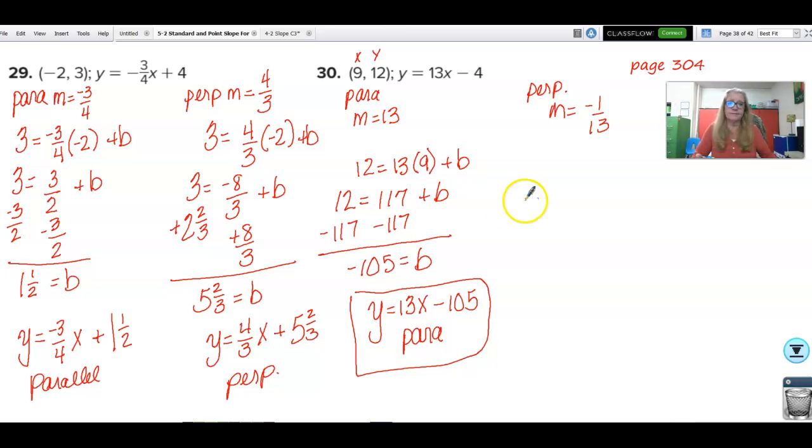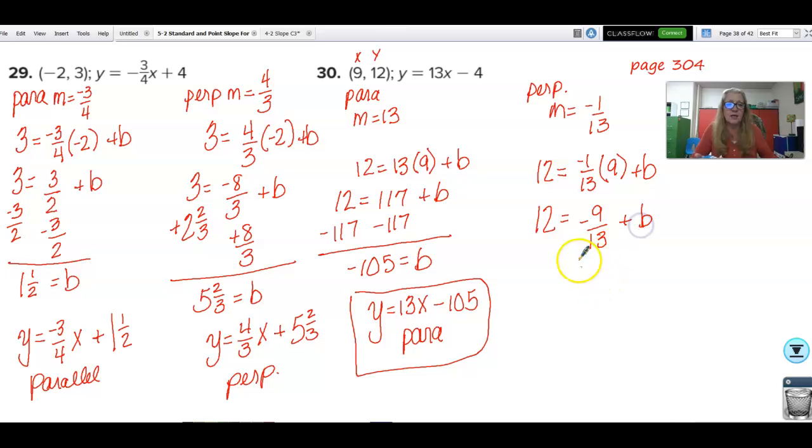Perpendicular, well, y equals mx plus b. Well, this would be negative 9/13. Not getting any prettier, is it? And then we add 9/13 to both sides.